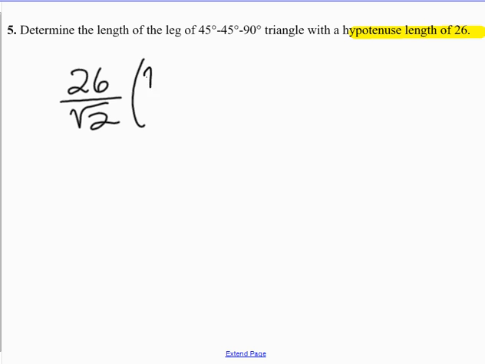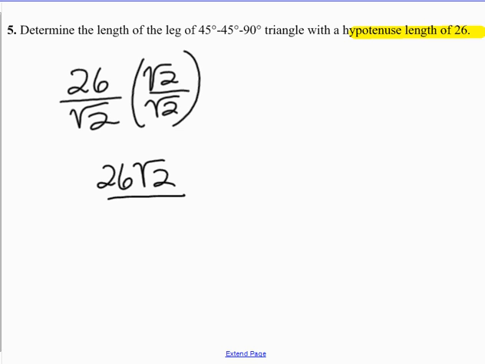We have to multiply by radical 2 over radical 2 because we can't have a radical in the denominator. So that equals 26 radical 2 over 2. But this can be reduced. 26 divided by 2 is 13. So our final answer is 13 radical 2.